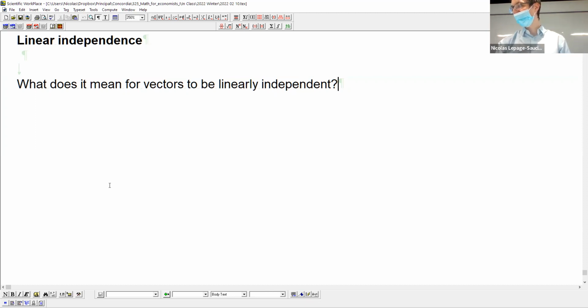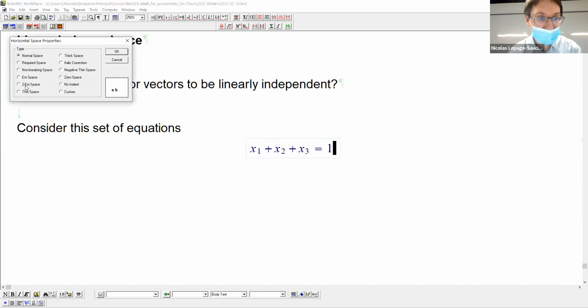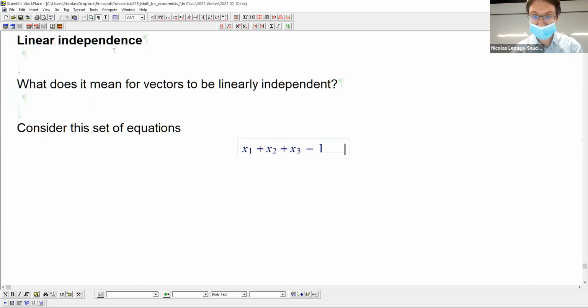So consider this set of equations. I would have x1 plus x2 plus x3 equals 1, and I'm going to say this is equation 1. Then I'm going to have two others.